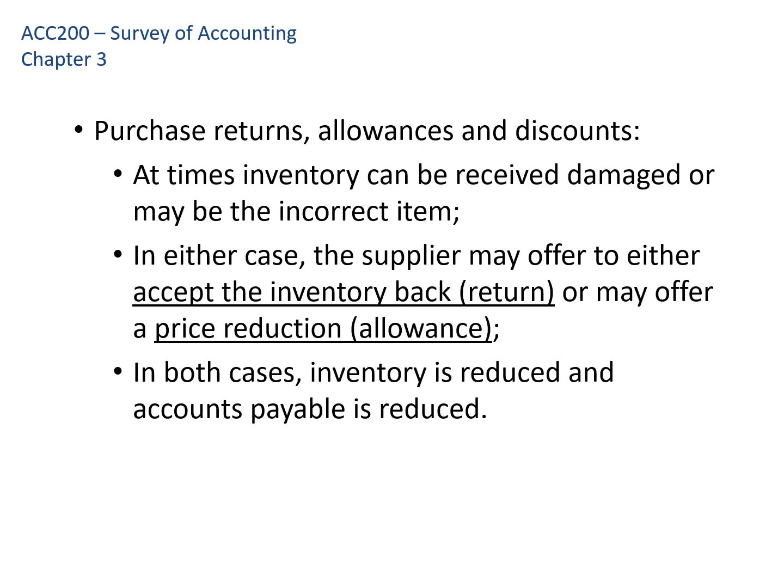Maybe you can fix it or something like that. In both of those cases, from an accounting perspective, we treat it the same way. We reduce the cost of our inventory because either it now costs us less in the case of an allowance, or we have less inventory in the case of a return, and we reduce accounts payable. We owe that supplier less money.